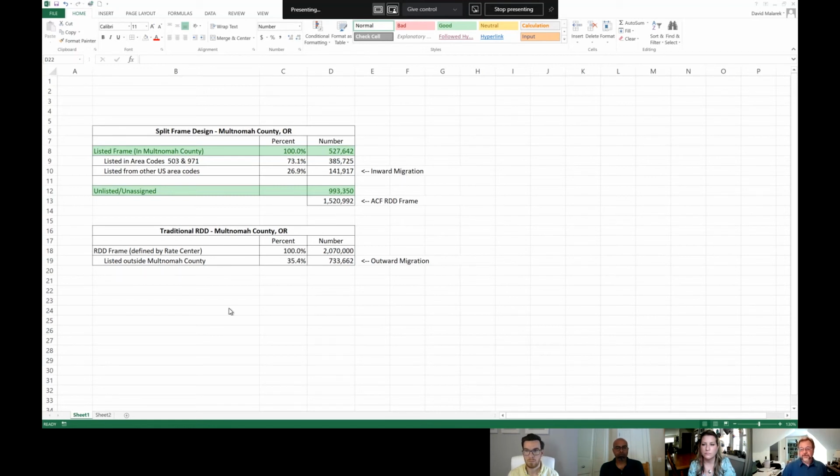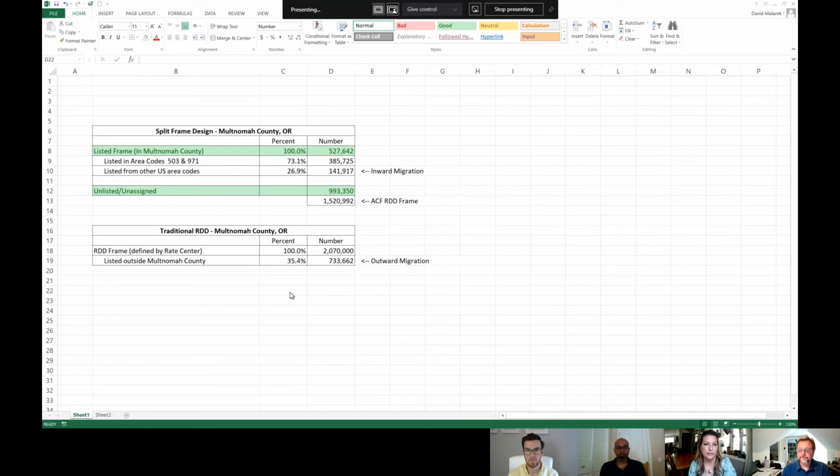But this illustrates a pretty good example of the advantages of ACF and how it addresses both inward and outward migration. Yeah, that's great. So let me just make sure I understand. Those 141,917, if you did it traditional cell RDD by rate center, those people would never have been included. That is correct. Okay, wow.